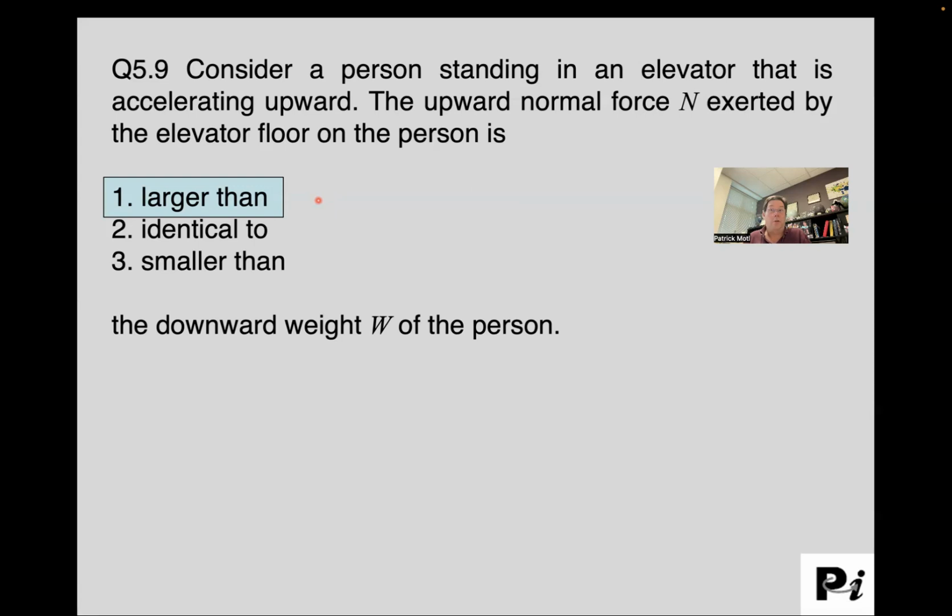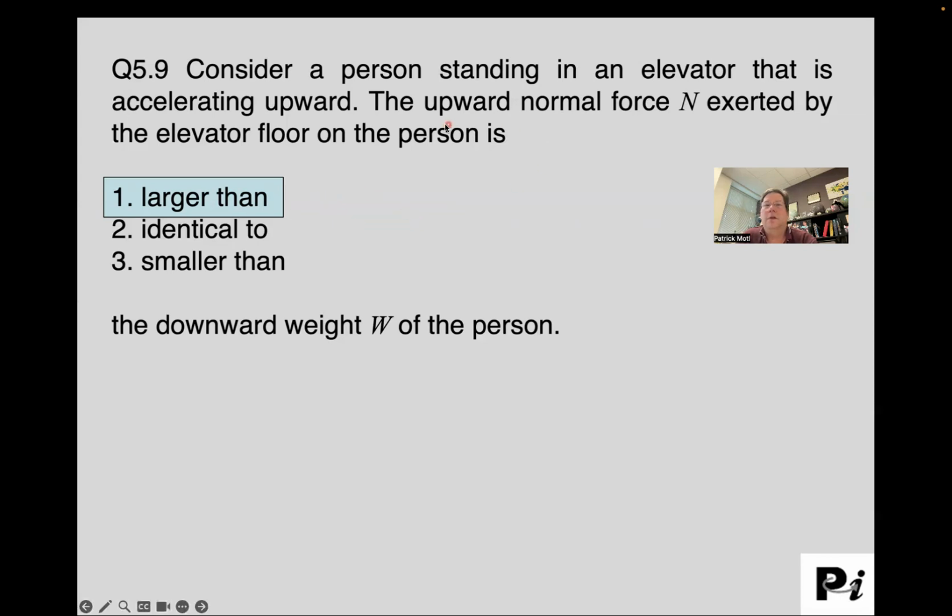And then sometimes it's harder to jump up in an elevator, as in this case, when you're accelerating upwards, because the floor is already accelerating up underneath your feet and pushing you. If you think about those cases, you will sometimes feel heavier than your weight, and you'll sometimes feel lighter than your weight when you're in an accelerating elevator, which can be fun.